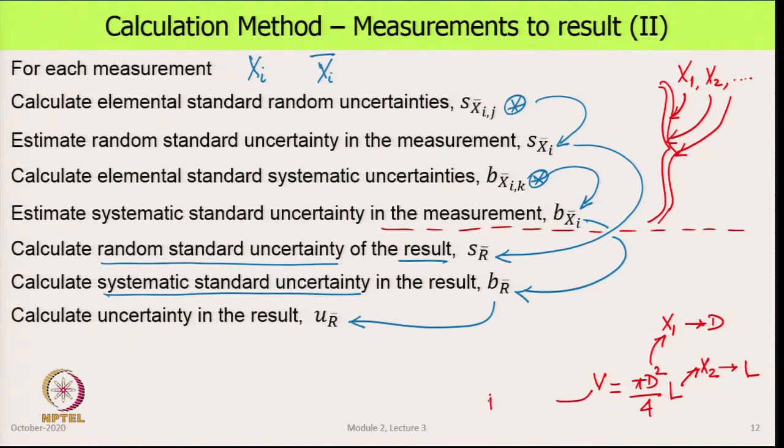So, our R gets mapped into V, and this whole thing is our result formula. So, that is an example of a 2 parameter measurement.